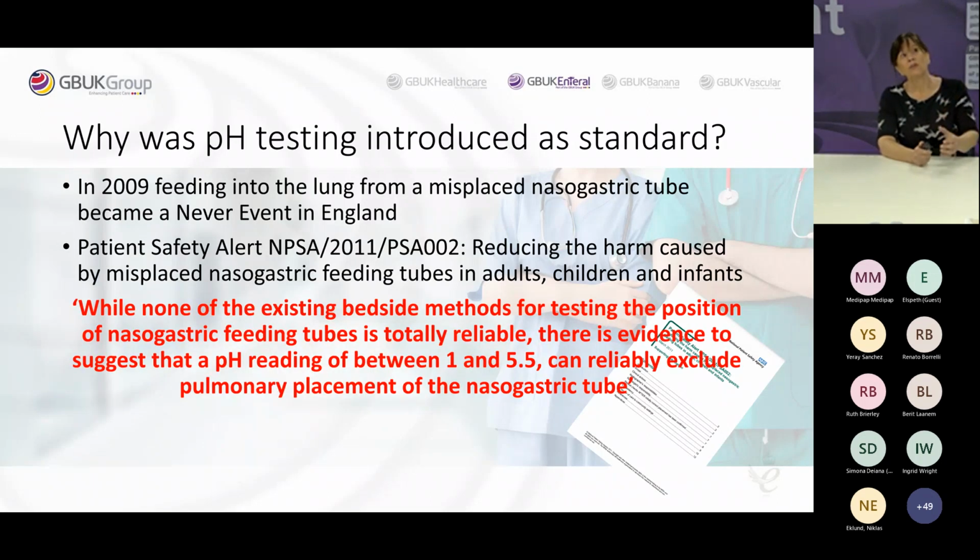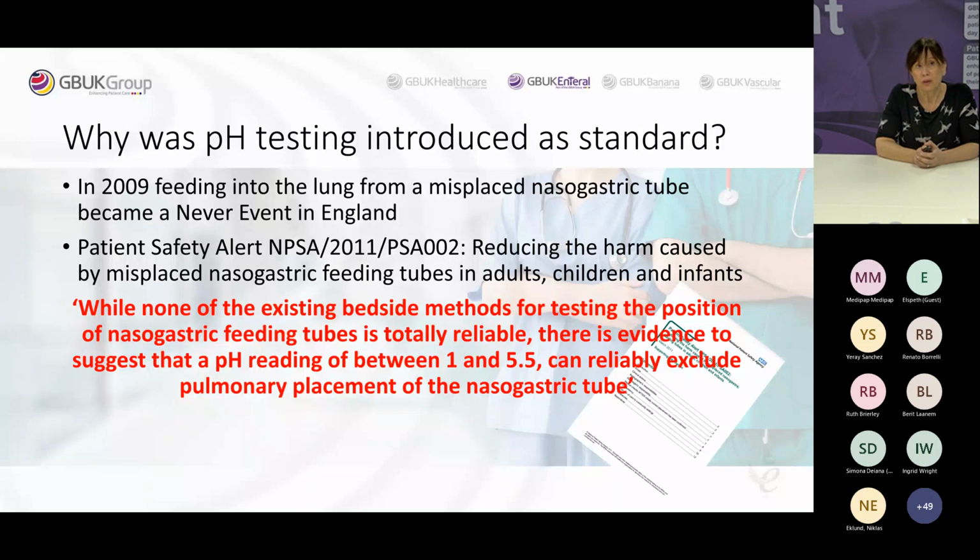So why was pH testing introduced as a standard in the UK? In 2009, the UK NPSA declared that misplaced nasogastric tubes and feeding of the patient became a never event in the United Kingdom.